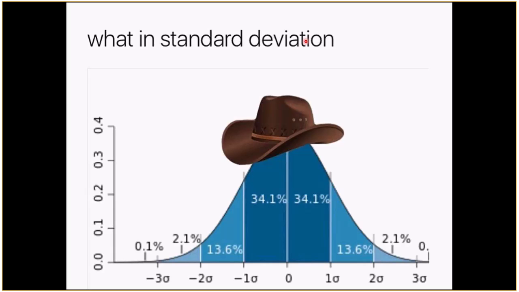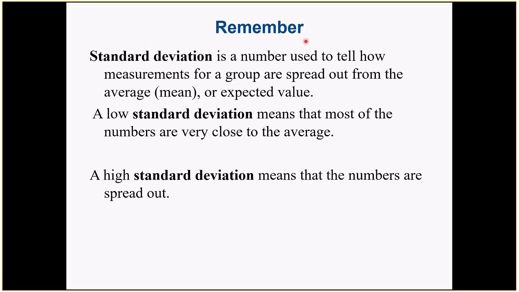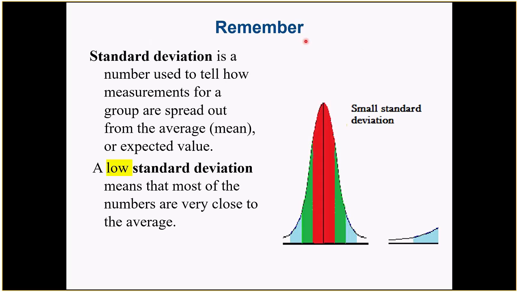So before we start looking at it really specifically, let's look at what different standard deviations tell us. The standard deviation is a number that's used to tell how measurements for a group are spread out from the average. How far away are they from the mean or from an expected value?